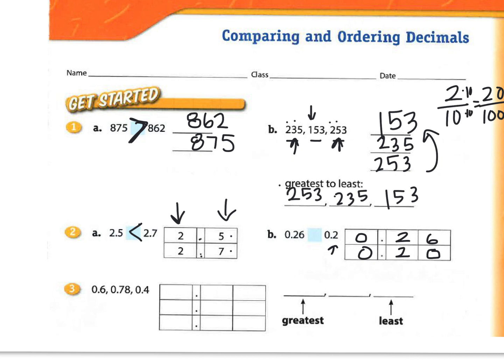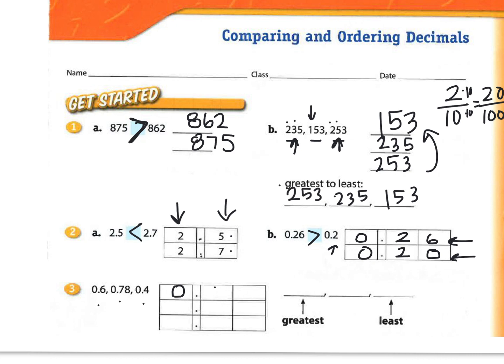So then we can see that we have 26 hundredths and 20 hundredths. 26 is more than 20, so we would say 26 hundredths is greater than 2 tenths, or 20 hundredths.